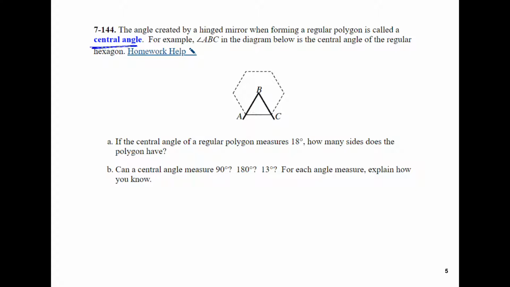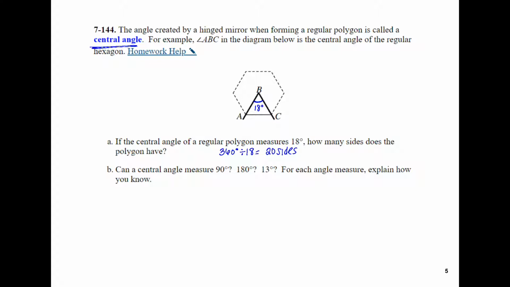If the central angle of a regular polygon measures 18 degrees, how many sides does the polygon have? A polygon is 360 degrees, so we divide that by 18 and we would get 20 sides. So the polygon would be a 20-sided figure.